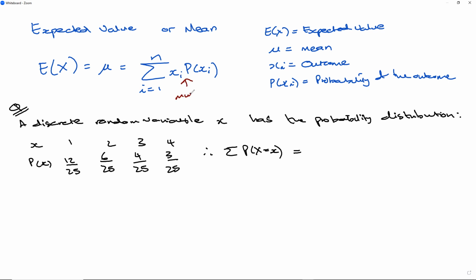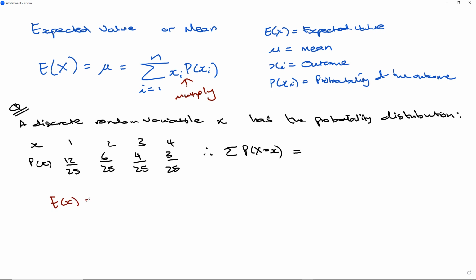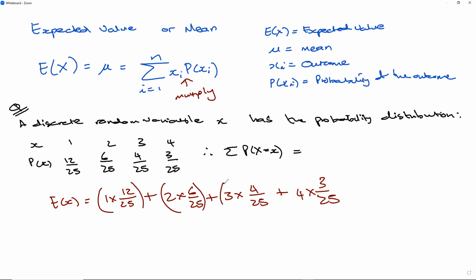And what are we actually doing here? We're multiplying. For each of these, we multiply and then sum. So the expected value of X will be equal to 1 times 12 over 25 plus 2 times 6 over 25 plus 3 times 4 over 25 plus 4 times 3 over 25. Let me calculate that here.